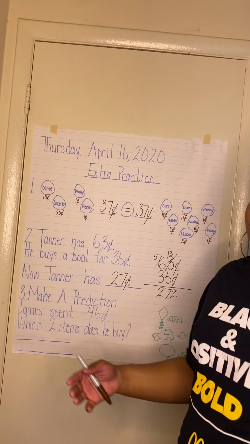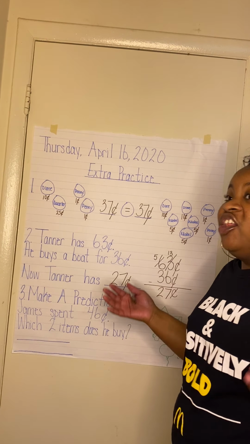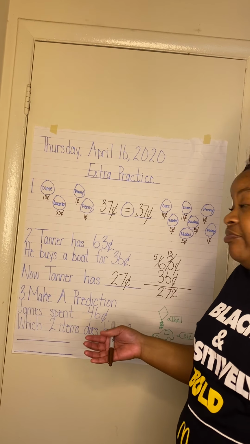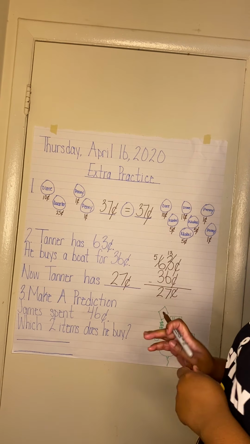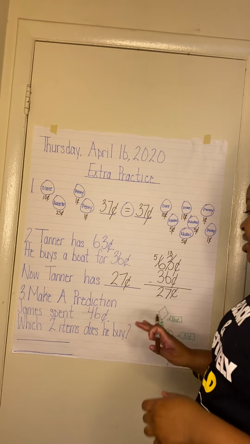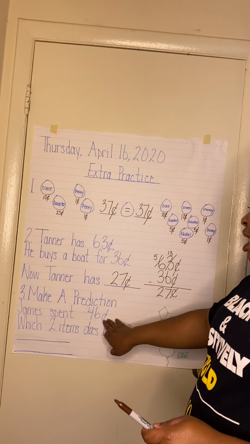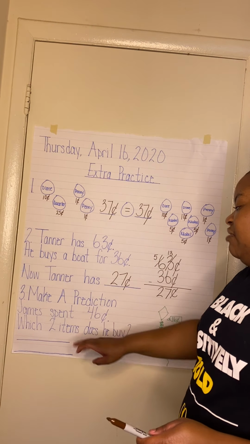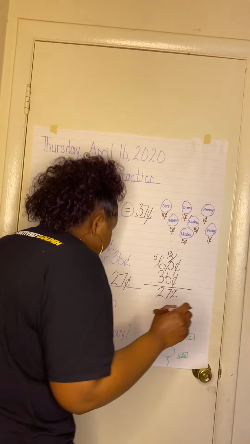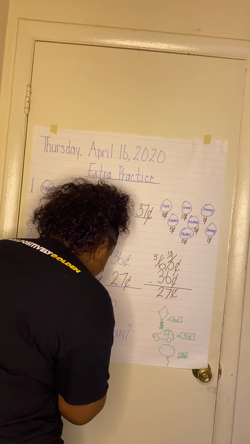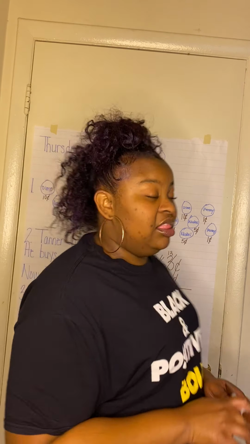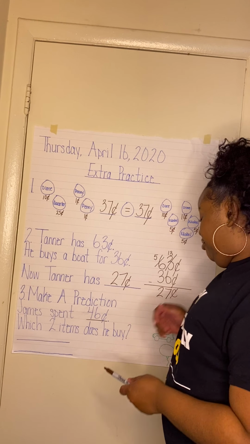So remember, whenever you make a prediction, it's always great to test it. All right. So just looking at it, I know that my beginning cost is 46 cents. So whatever I'm predicting, I must stay within that 46-cent bracket. Okay.